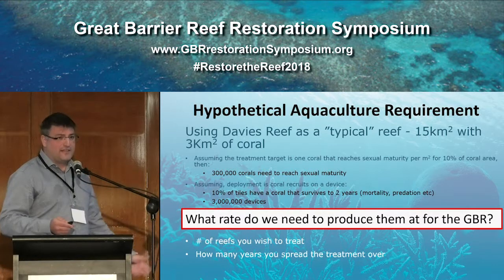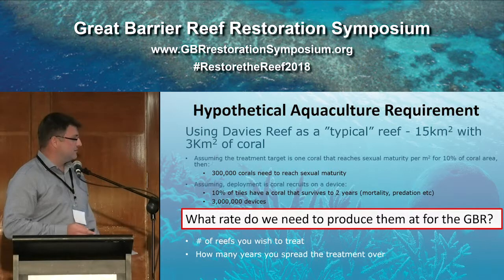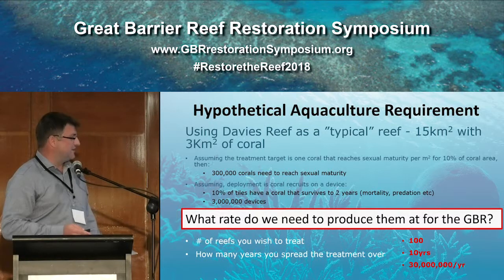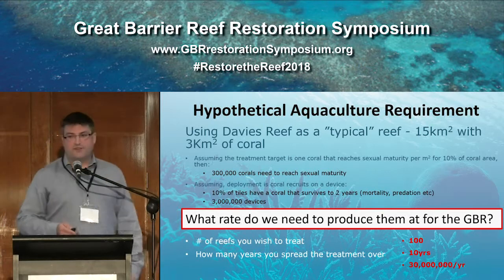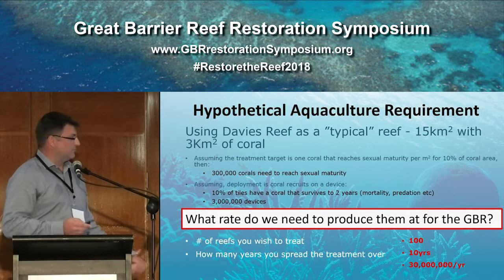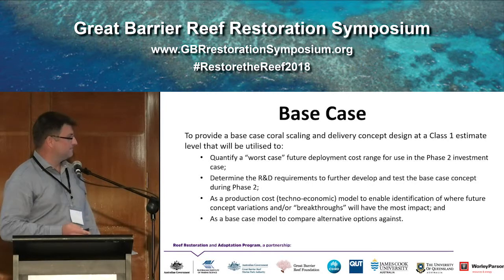What rate would we then need to produce for the whole GBR? Well, if we assume there were 100 reefs we needed to treat, and how many years we wanted to spread the treatment over, 10 years, we'd be looking at 30 million devices a year going out to the reef, or 9 million a quarter.